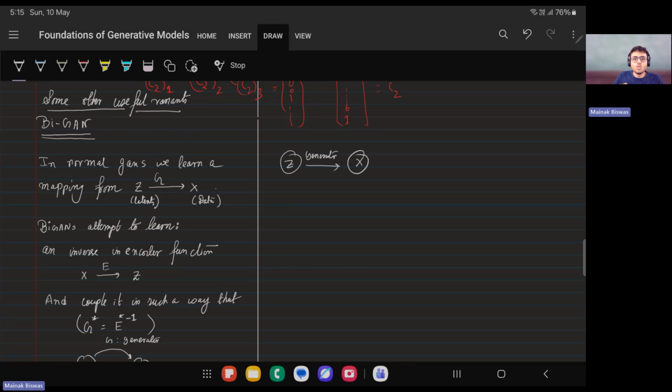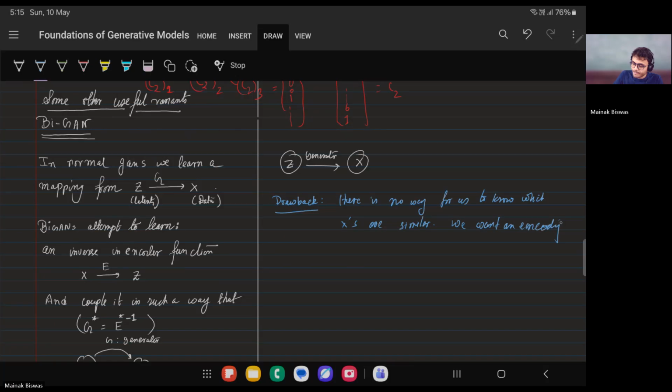But the drawback is there is no way for us to know which X's are similar. We know which Z's are similar, but we don't know which X's are similar. So we want an encoding model also.